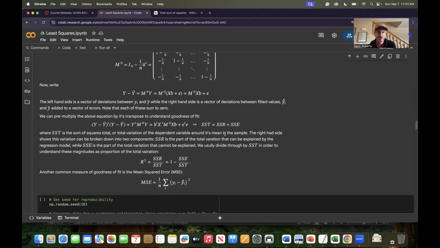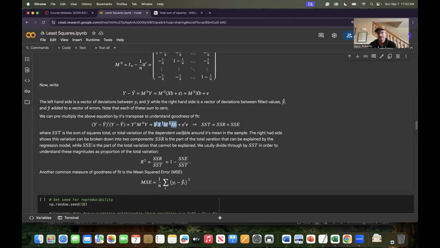That's a measure of the total variation in your dependent variable, often the thing you're interested in predicting, the thing you're interested in understanding the variation of. So this is another very useful piece of criteria. What this equation shows is that this is equal to the total variation that you have explained by your model.